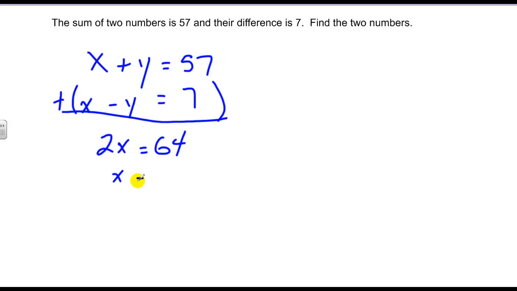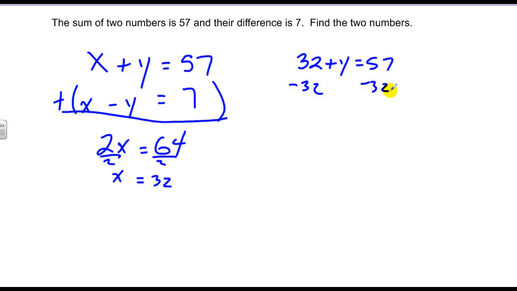So x is equal to, after I divide by 2, 32. Need to find my y. I have 32 plus y equals 57. Subtract 32 from both sides, end up with 25. So I have 32 and 25 as my ordered pair solution. You'll notice that they add to 57 and they subtract to 7, so I'm good to go.